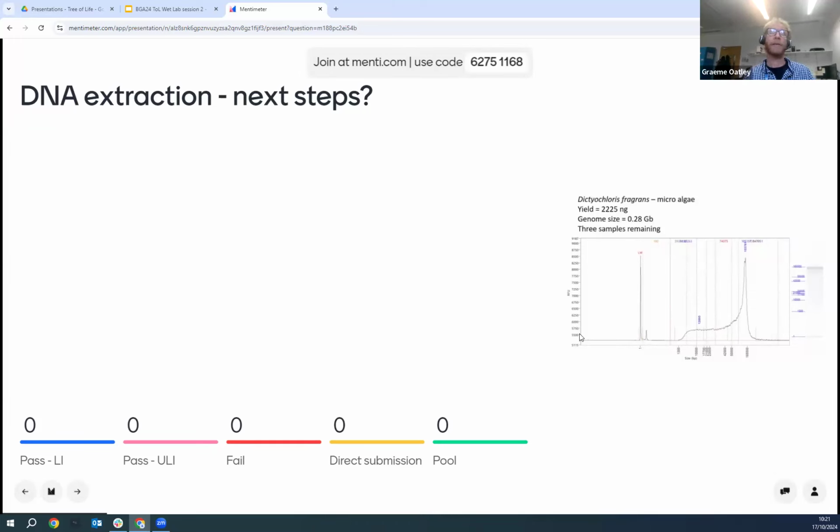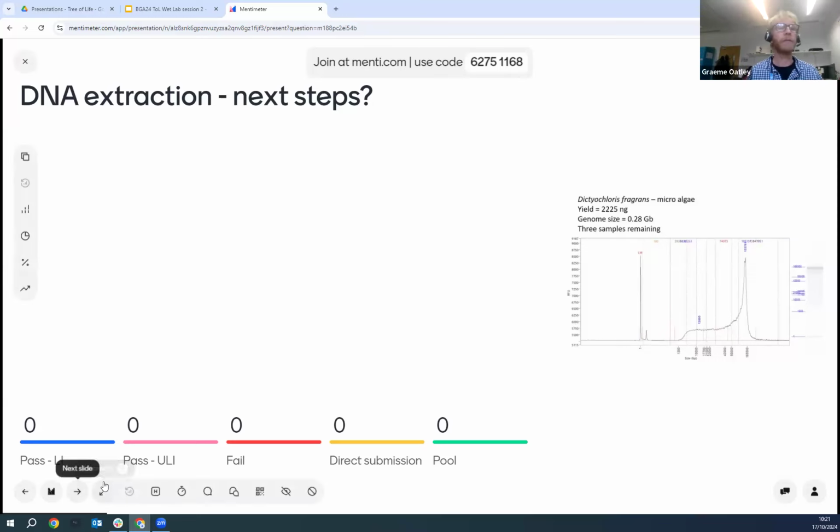And as long as the quality of the DNA is good enough, we combine the DNA into one tube so that we can reach the desired yield that we need for DNA fragmentation.